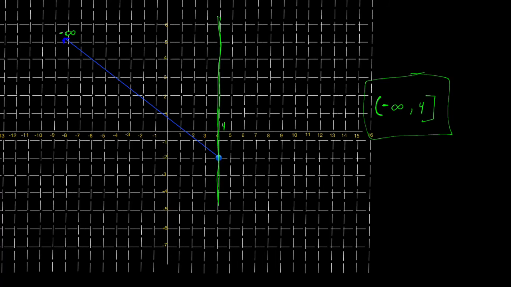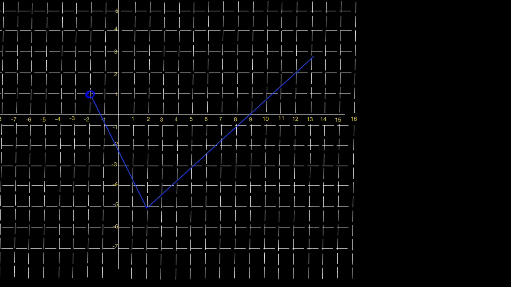Let's do this one more time with this example right here. On this graph, we see that on the left we have an open circle, but on the right it's not specified. Since it's not specified, we're under the assumption that we have an arrow, so this segment is going towards infinity. Now we can get the point that's farthest to the left, which is this open circle.